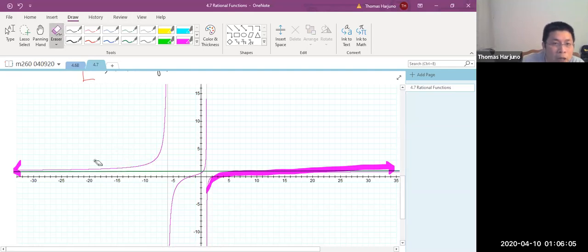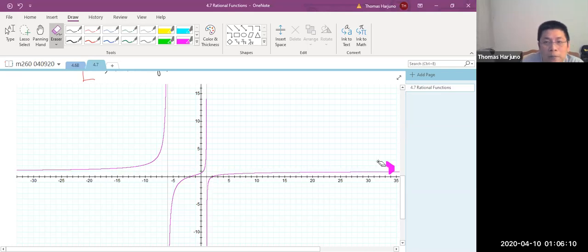That's what we mean by horizontal asymptotes. The graph gets closer and closer to this horizontal line as x goes to positive or negative infinity.